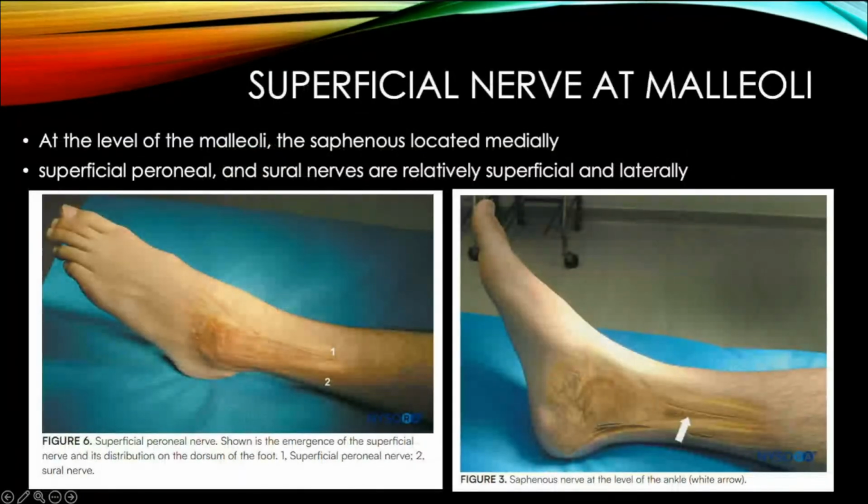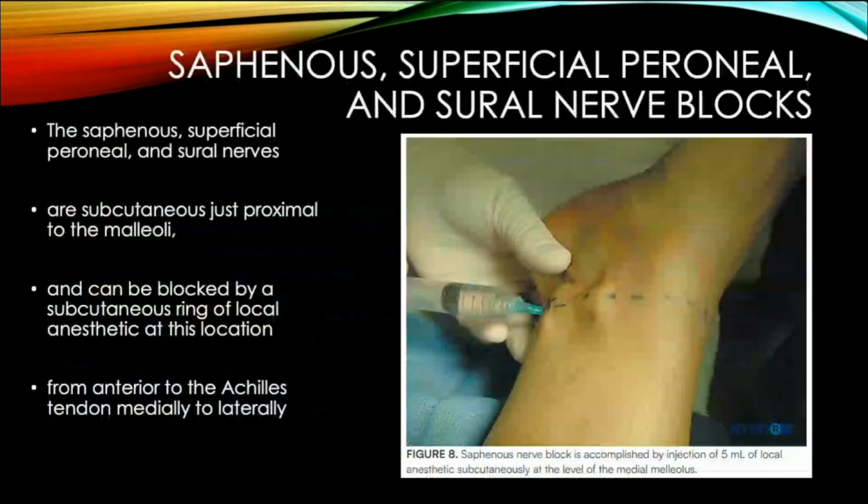So for anatomical landmarks, actually all 3 nerves, that is the saphenous nerve, superficial peroneal, and also sural nerve, can be blocked superficially because they are located at the level of the malleoli. So all these three nerves can be blocked by giving a ring block around the level of the malleolus.